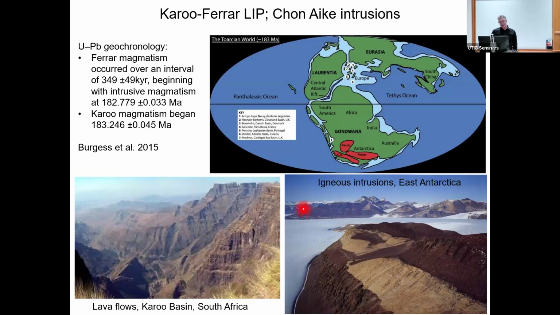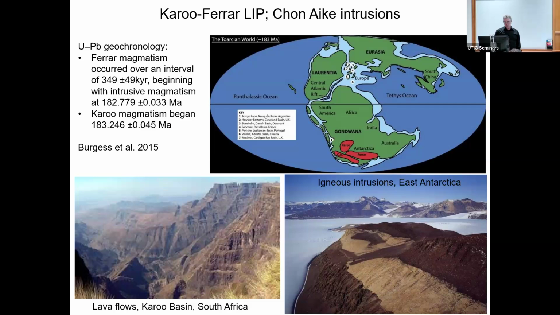So this is now called the Karoo-Ferrar Large Igneous Province, and you'll see that there's really good uranium-lead geochronology on zircons from this. So we're pretty confident now that this event, this large igneous province, is coincident with those environmental perturbations, the carbon isotope excursion, the large total organic carbon content in some sections.